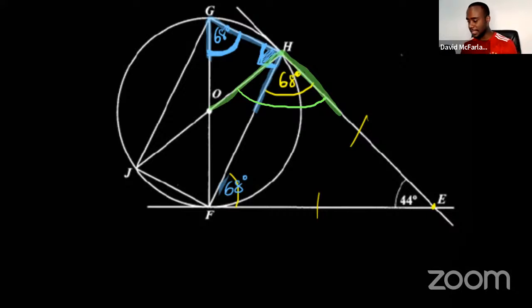What do you notice? Yes, Ninja. Good. The angle here is 90 degrees because it is formed between the tangent, which is EH, and the radius, which is OH. Right? So JHE is 90 degrees.